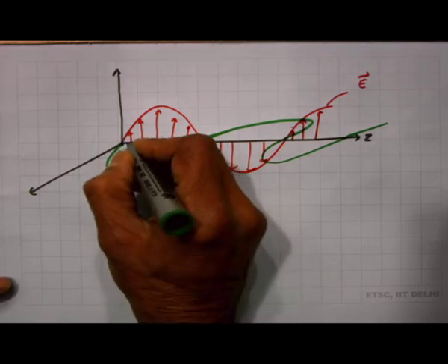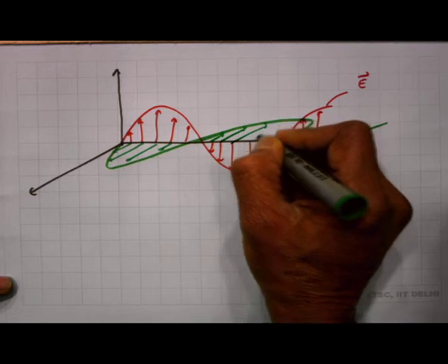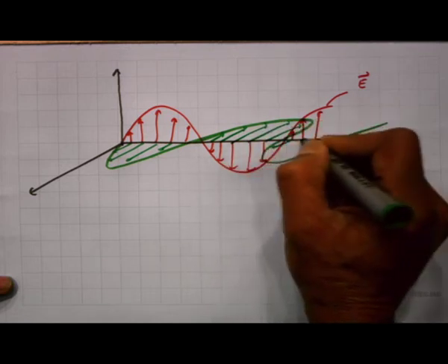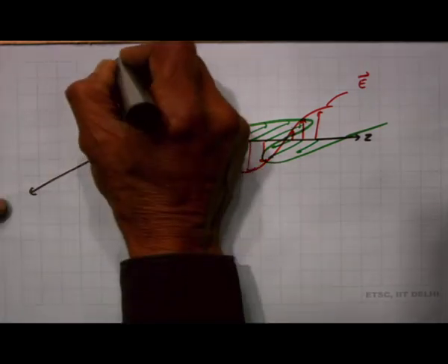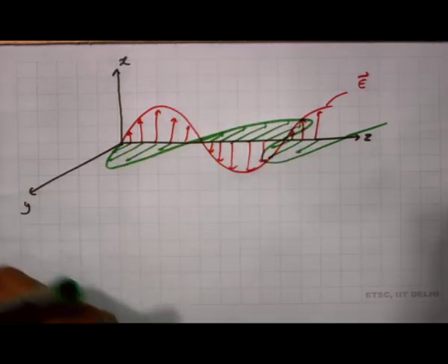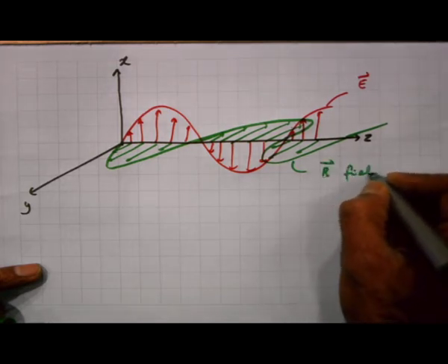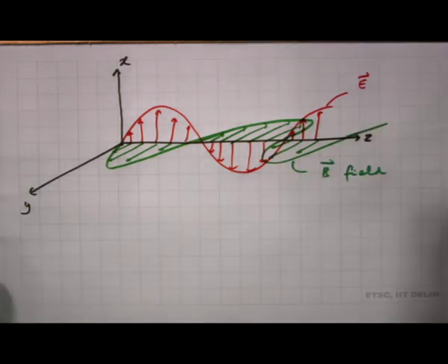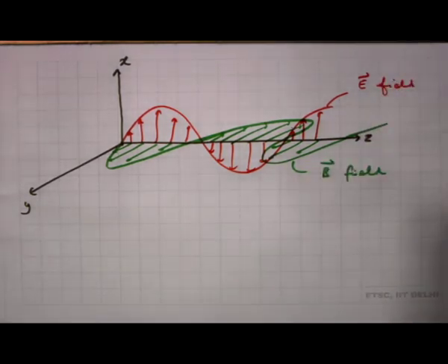Magnetic fields are perpendicular. So, please note that, if I call this x, y, z, this is the electric field and this is the magnetic field. So, please note this figure.